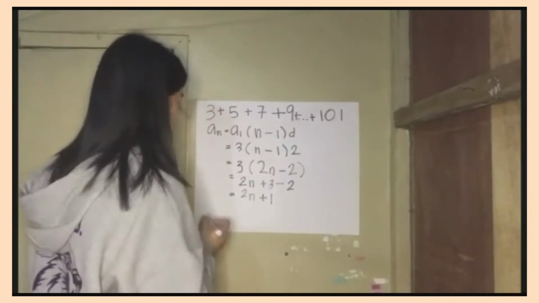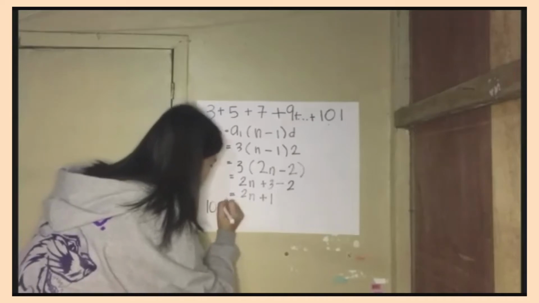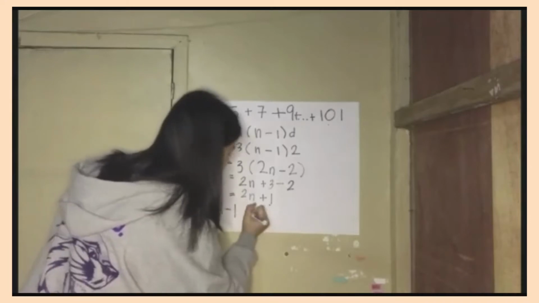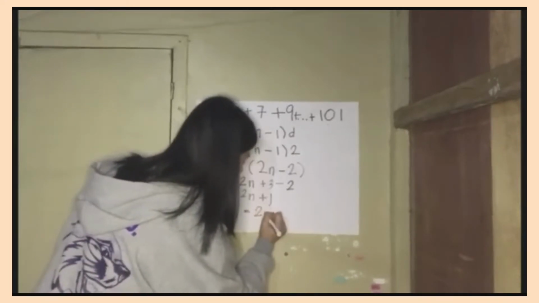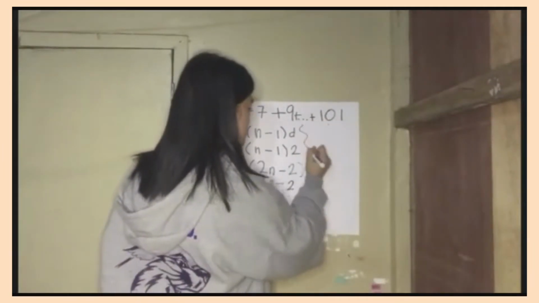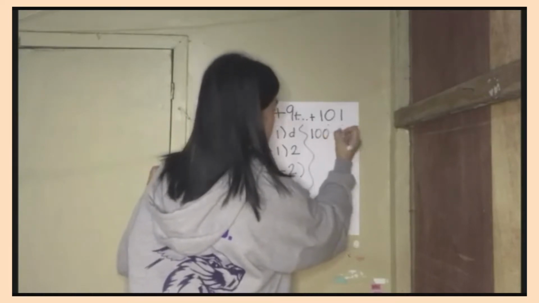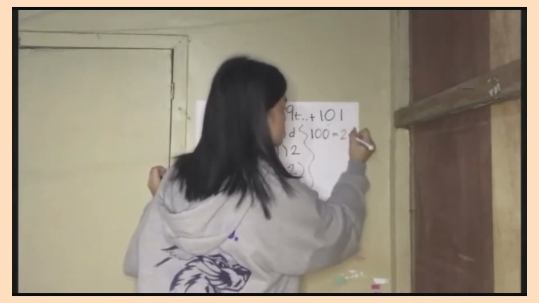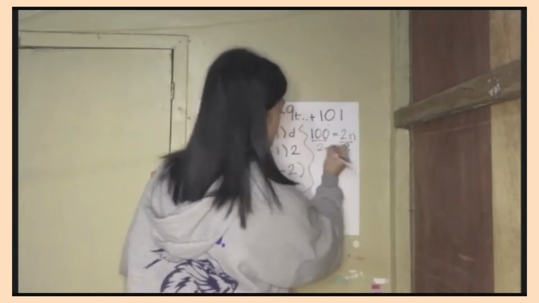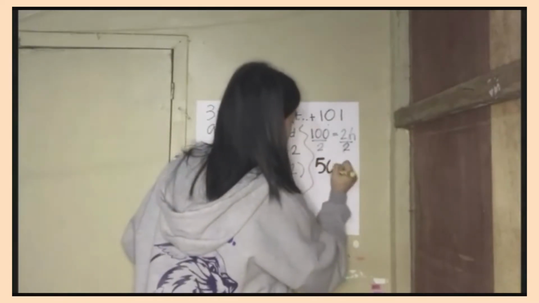So we put our last element so we can determine what order it is. So 101 minus 1 is equal to 100. We just have to copy the 2n there, and divide both sides by 2. 100 divided by 2 is 50, and 2n divided by 2 is n.